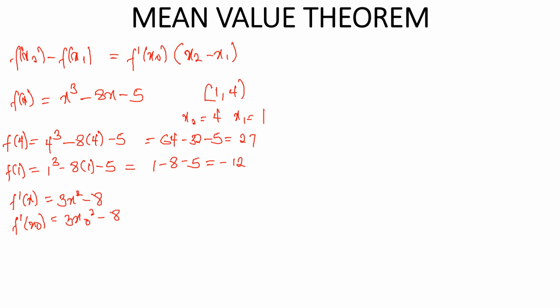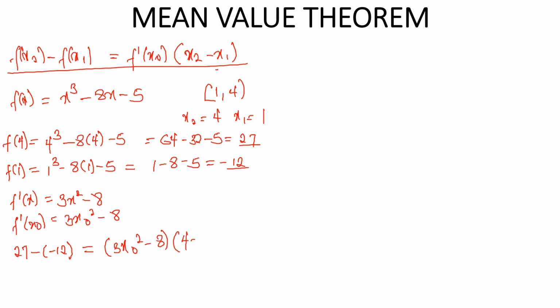And according to the formula that we have here, the formula says that f of x2 minus f of x1, so f of x2 is 27, then minus f of x1, that is minus 12, is equal to f prime of x naught, that is our equation 3x naught squared minus 8, into x2 minus x1, that is 4 minus 1.